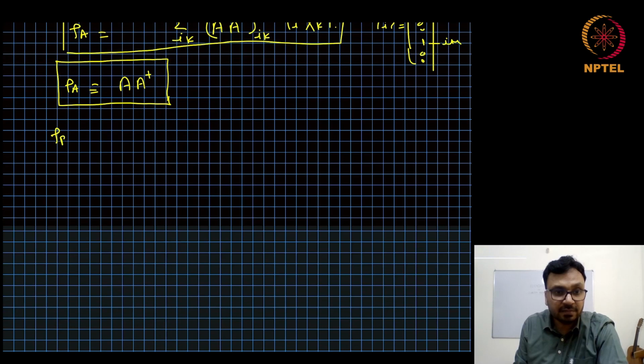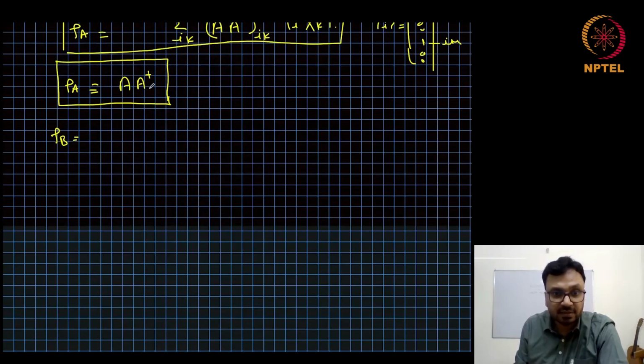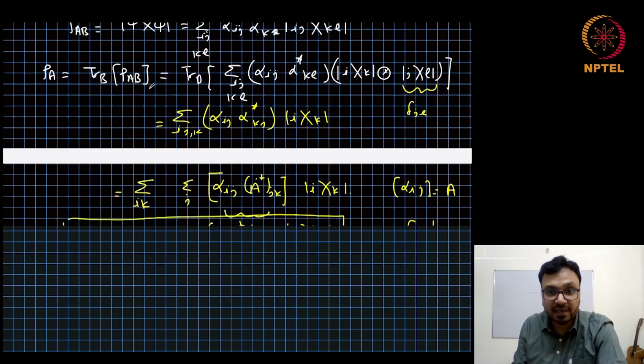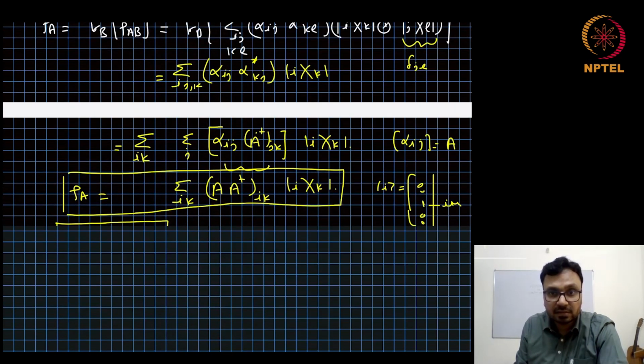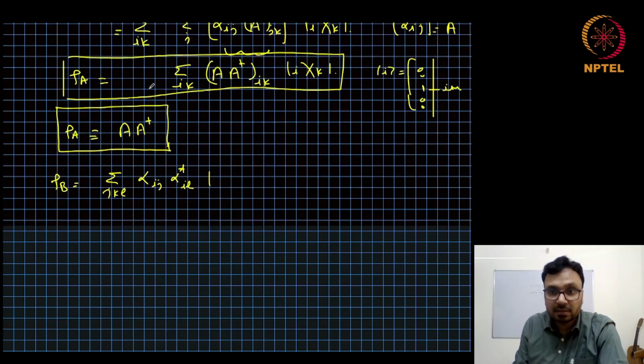Similarly, we can find rho B. We take the trace over subsystem A and we get delta IK, the sum over IJKL of alpha_IJ alpha star_IL, JL.